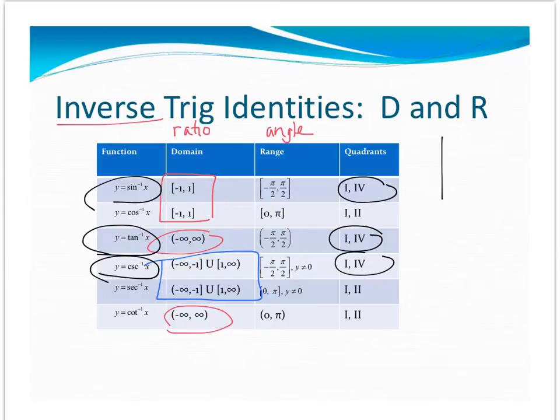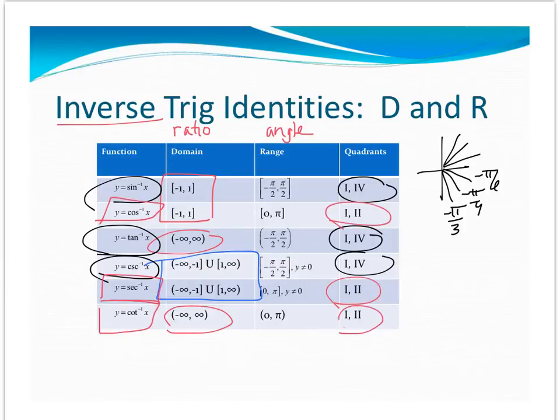And when we say quadrants 1 and 4, what we really mean are negative angles in quadrant 4, like negative pi thirds and negative pi fourths and negative pi sixths. Okay? Your cosine, its reciprocal, and cotangent are all in quadrants 1 and 2, which means all of the angles here on the top.